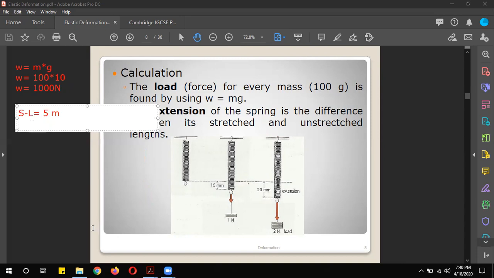Now the stretched length, after adding 700 grams, became 6.4 meter. Clear?